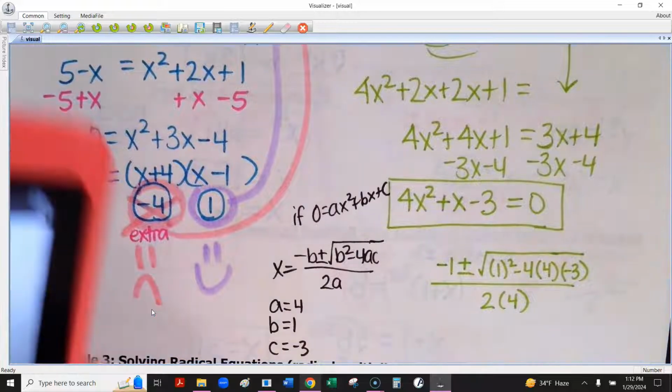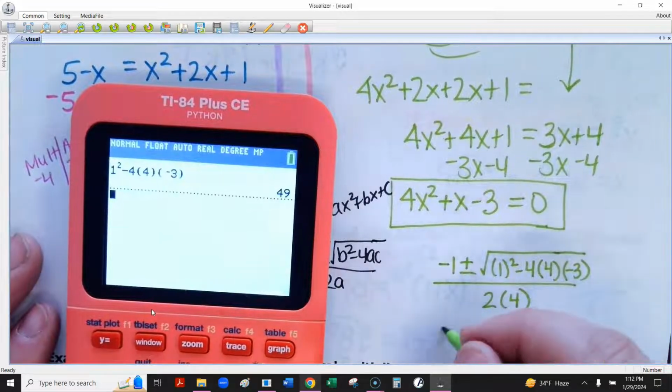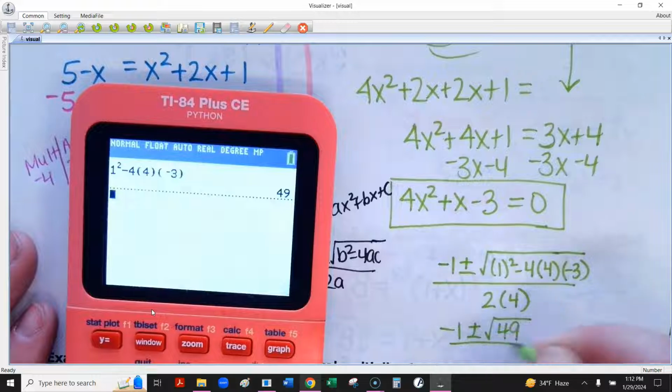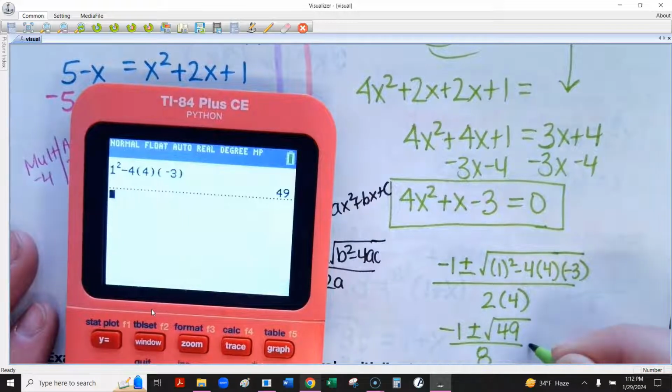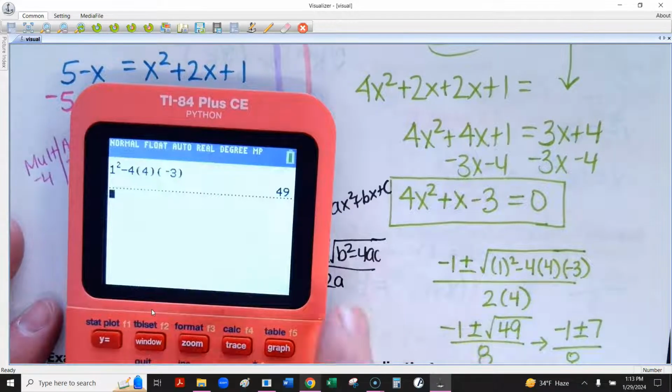Okay. Now, I do this maybe in a couple steps, so I'm just going to simplify what's under the radical. So I'm doing the 1 squared minus 4 times negative 3. So just under the square root would be 49, and on the bottom here would be 8. That's nice for us because 49 is a perfect square, which is just going to be 7.